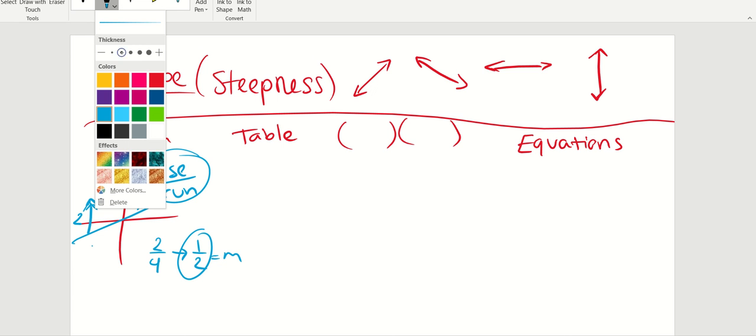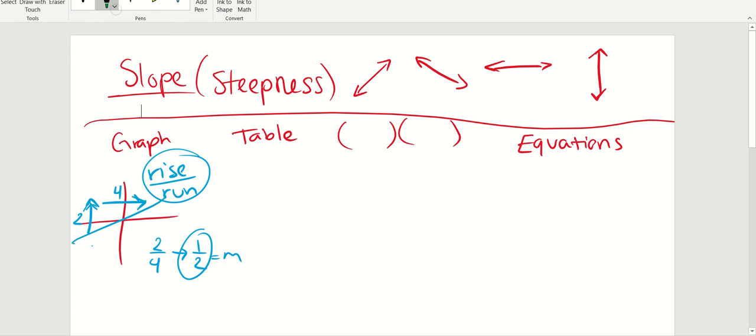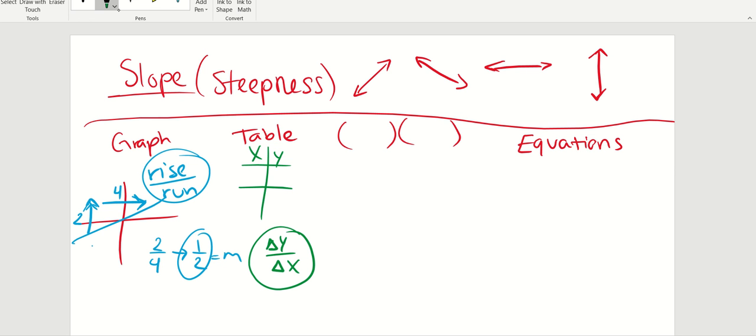All right, another example will be if you're given a table. So in a table, you are going to look for it as the change of y over the change of x. Meaning you're going to look at 2 points on the table and calculate the change of the y. The little triangle means change, and the change of the x.